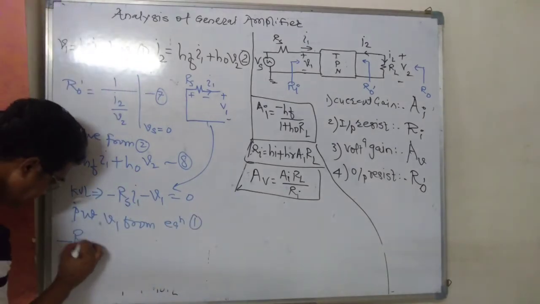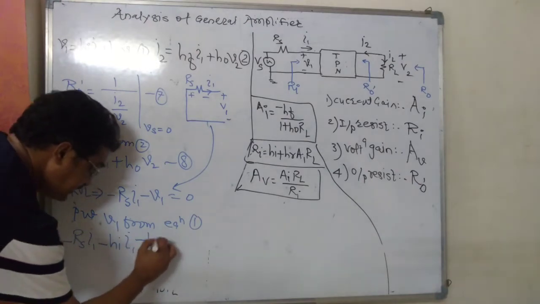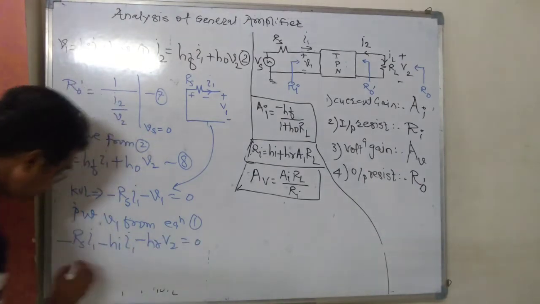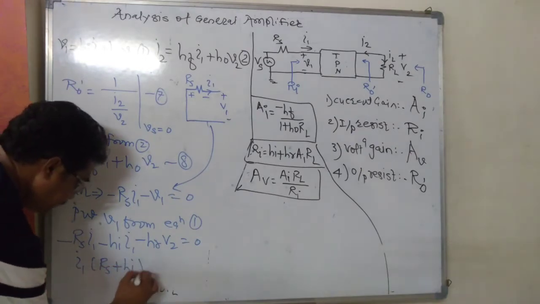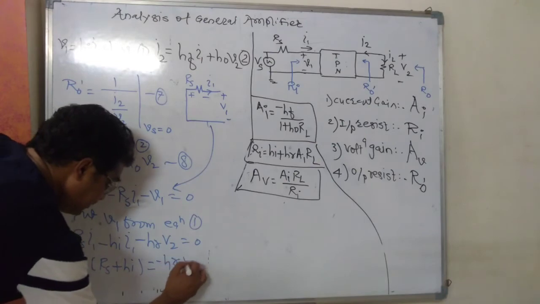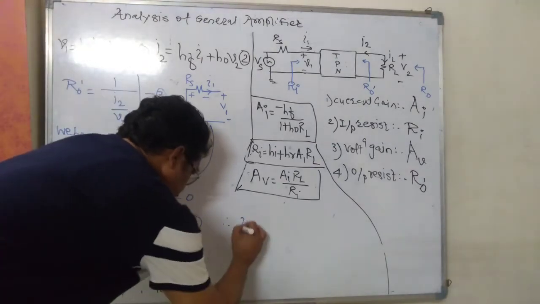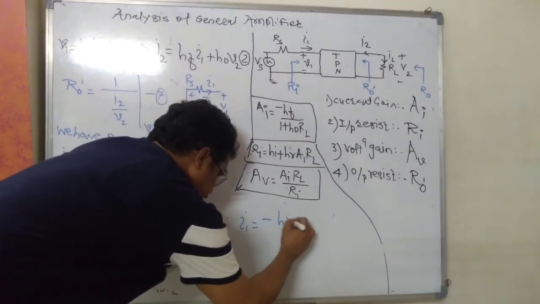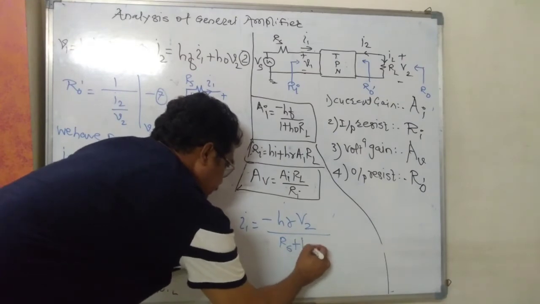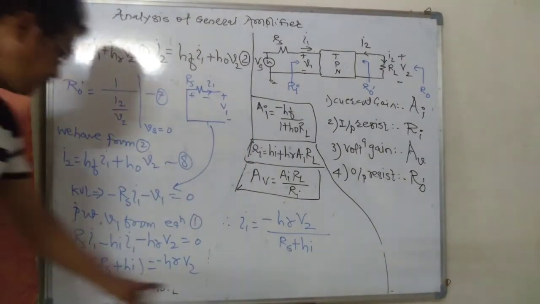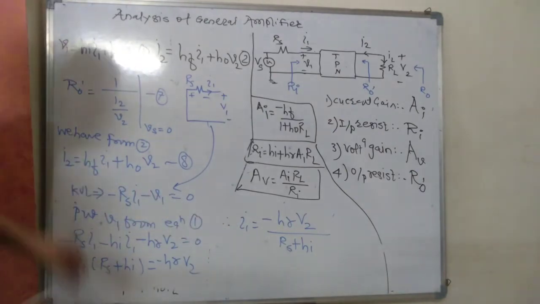So minus RS I1 minus HI I1 minus HR V2 is equal to 0. This is taken to this side. Now put this I1 in equation number 8.